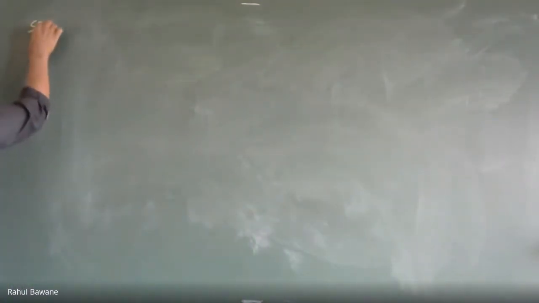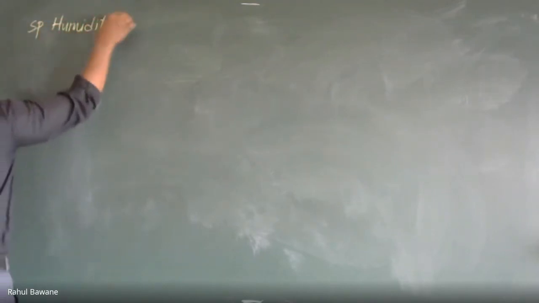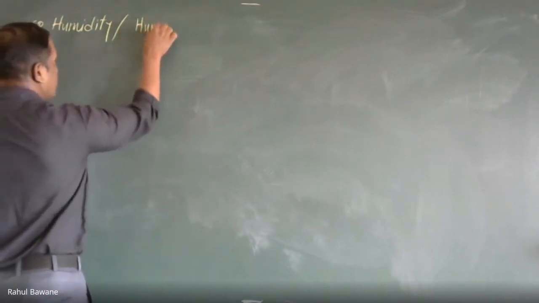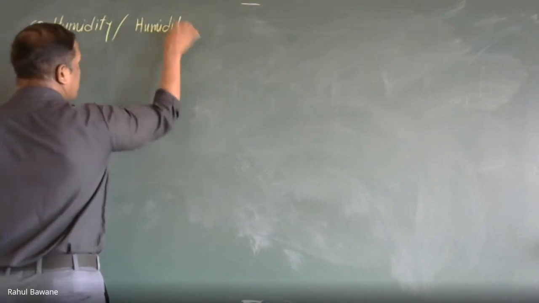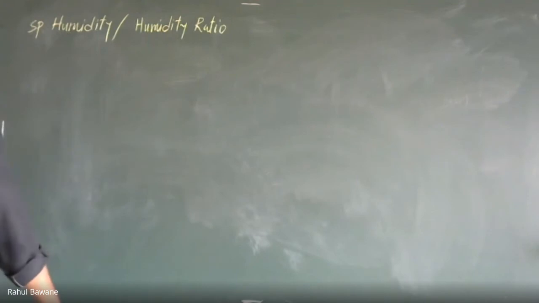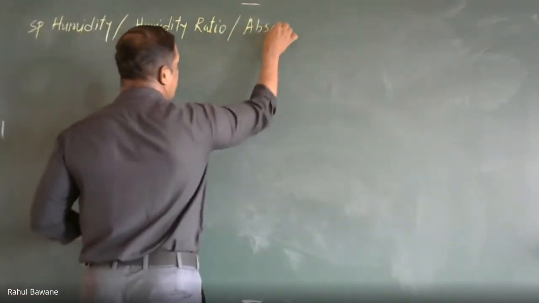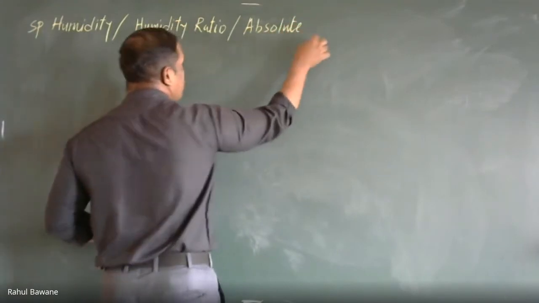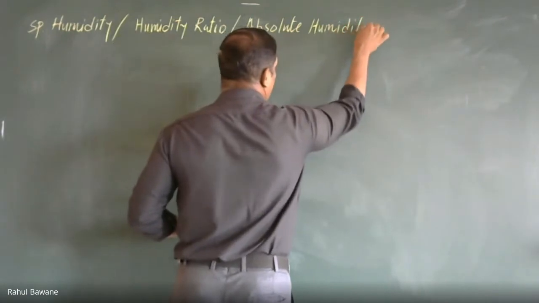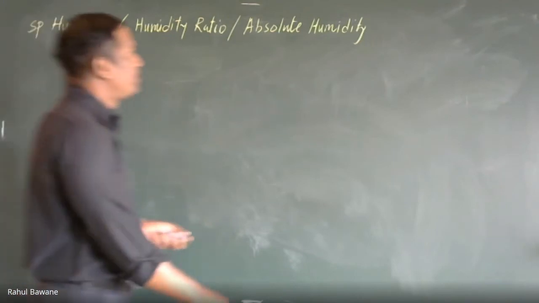Specific humidity, also known as humidity ratio. It is also known as absolute humidity. And it is denoted by W.